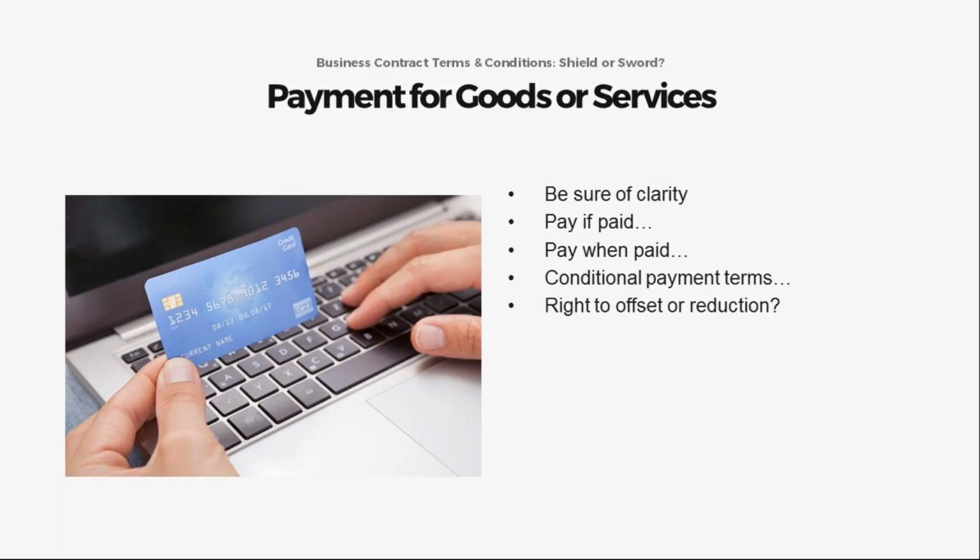Pay if paid in North Carolina is unenforceable, invalid. There's a section of the North Carolina General Statutes that addresses when subcontractors should be paid. So pay if paid is unenforceable, as is pay when paid, even if it's in writing. But if I were you, if you see that kind of language, I'd be really careful to accept it.